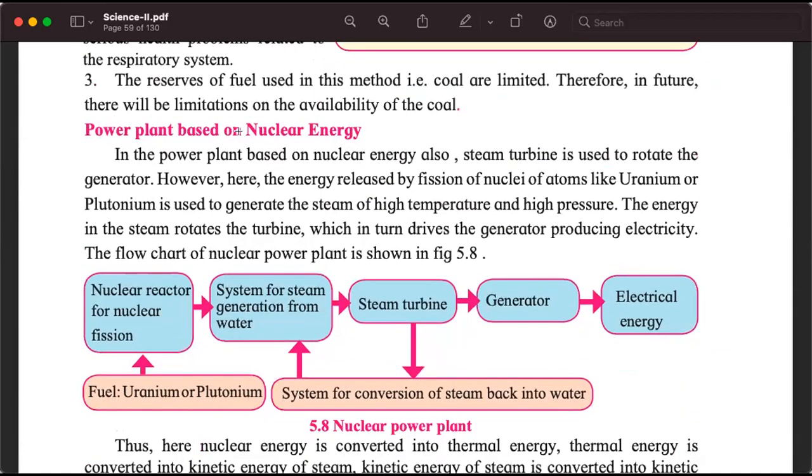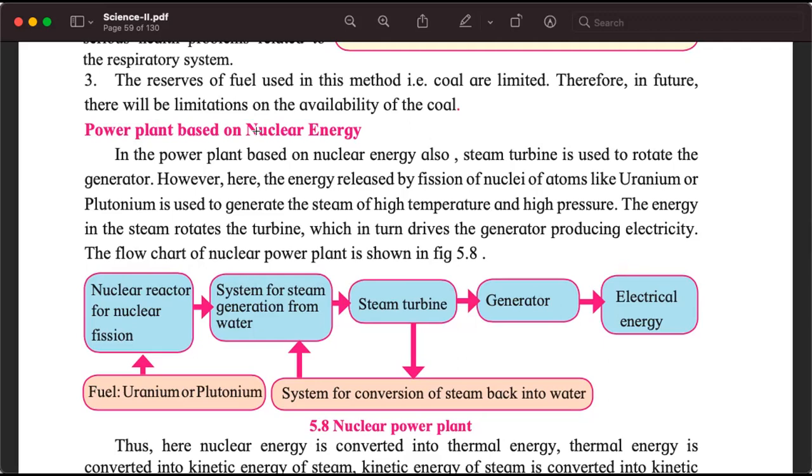Now, power plant based on nuclear energy. Sandhya had mentioned this, nuclear energy. Nuclear energy is not chemical energy. Chemical energy is stored in the chemical bonds. Nuclear energy is stored in the nucleus of the atoms, the force between the protons and neutrons, the force that is keeping the nucleus together. When the nucleus breaks, energy is released.